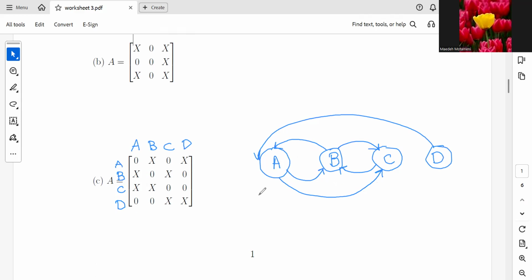Last row, only C to D and D to D. So this is how we draw the diagram related to the matrices. Next page.